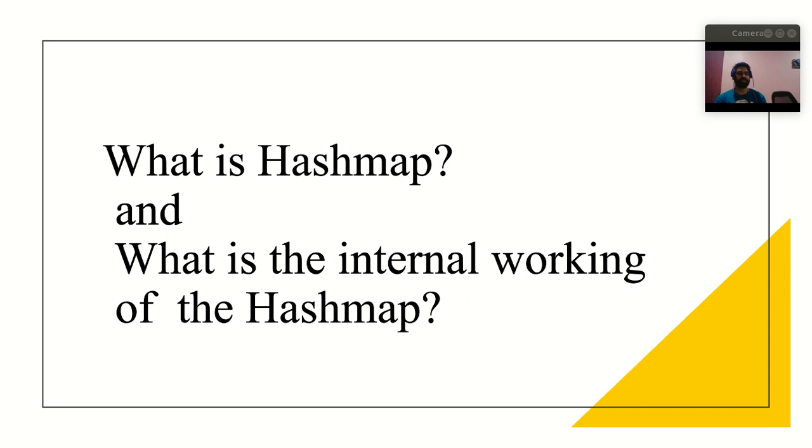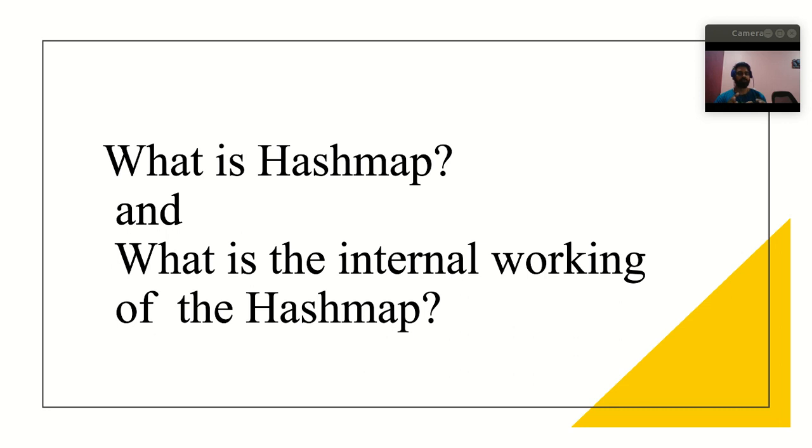Here the hashmap will use the equals method to match whether that particular key is present inside that fourth index or not, because now the two elements are already there in the fourth index. So it will use the equals method and try to compare. If that element is found with that key, then it will return it.